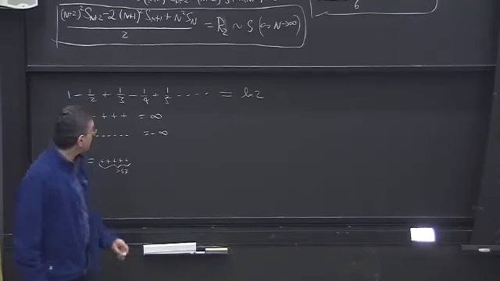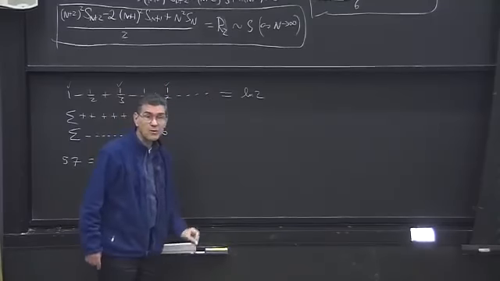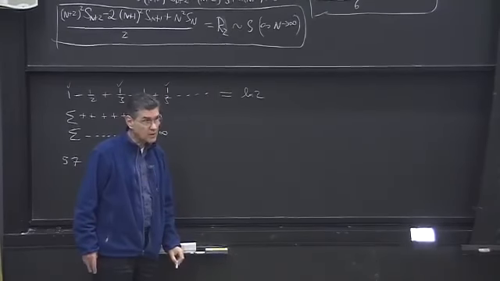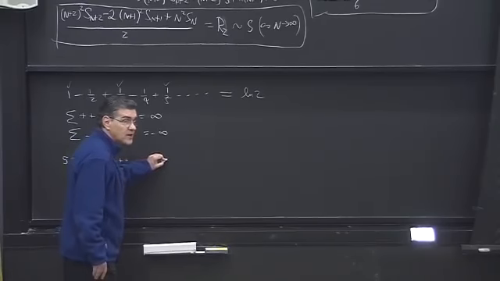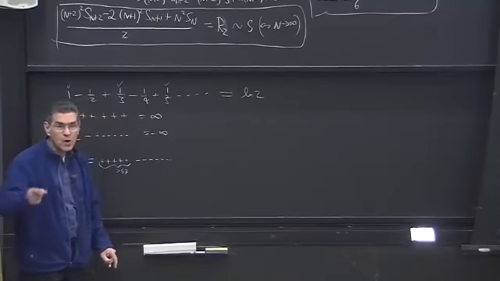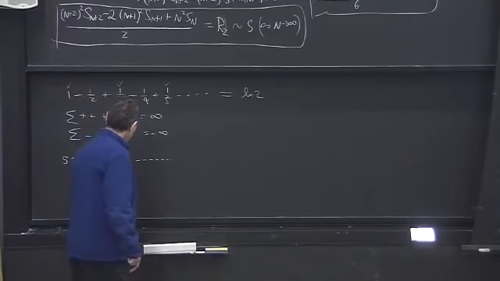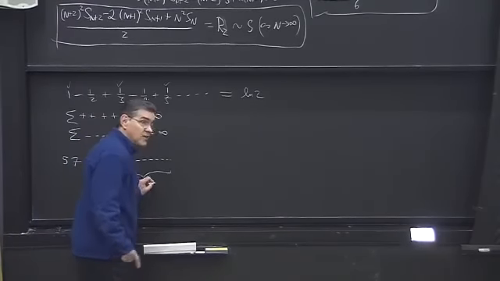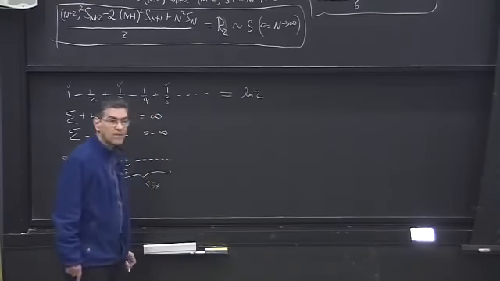I take them in order. So I use the numbers in order until it's bigger than 57. Got it? Then I start using negative numbers. I add on the negative numbers, and I take negative numbers until it goes just below 57. So I stop when this goes just below 57.